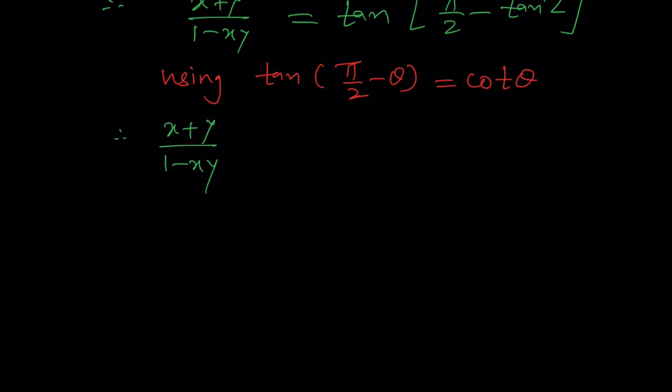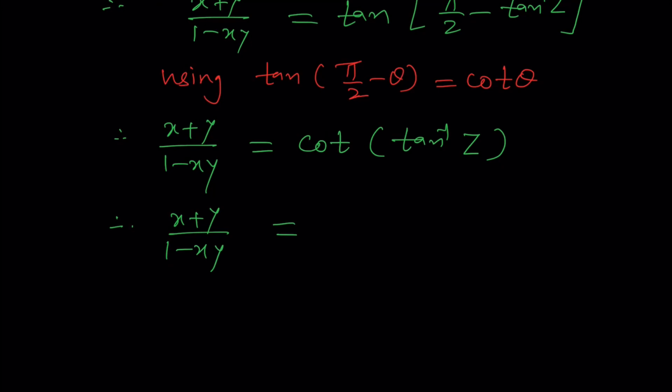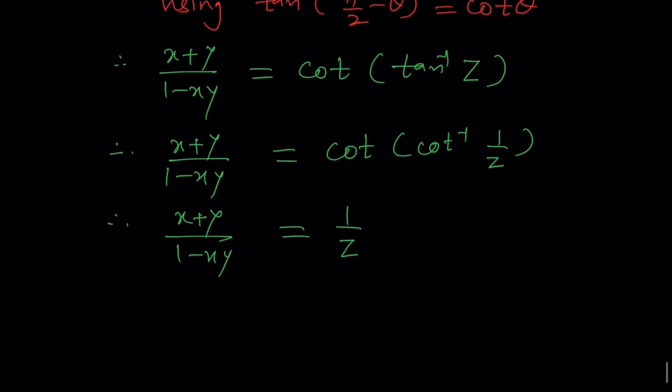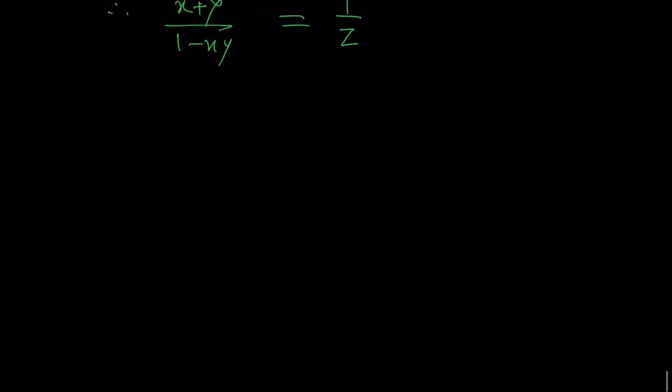We get x plus y upon 1 minus xy is equal to cot of tan inverse of z. Now, this tan inverse z you can write as cot inverse of 1 by z. Therefore, x plus y upon 1 minus xy is equal to 1 upon z.